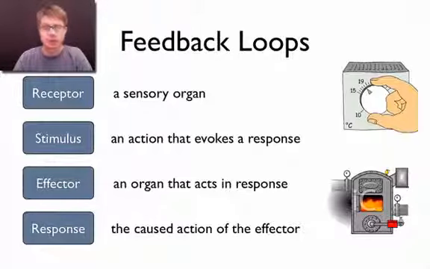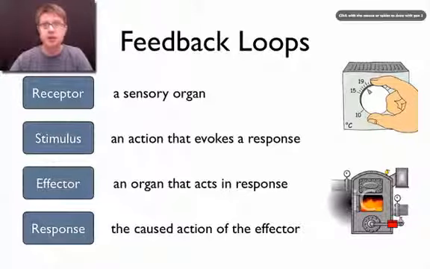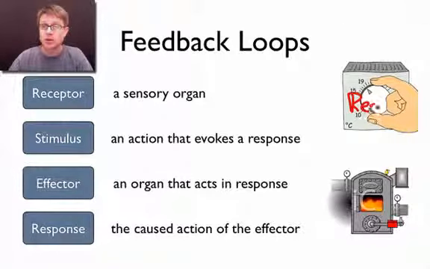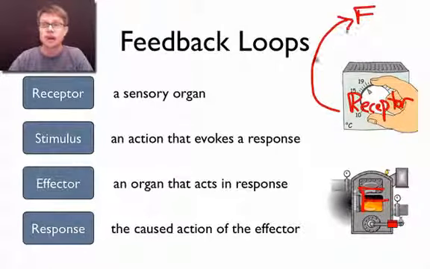The example that your book constantly talks about, and that all science books talk about, is a thermostat, and it's a great example. If we talk about how a thermostat keeps a room warm, what are the nouns, what are the organs in this case? The thermostat is going to be the receptor, so we put that right in the middle. We have a furnace, which is an effector, and then another furnace up here. Let's say the temperature goes too high.